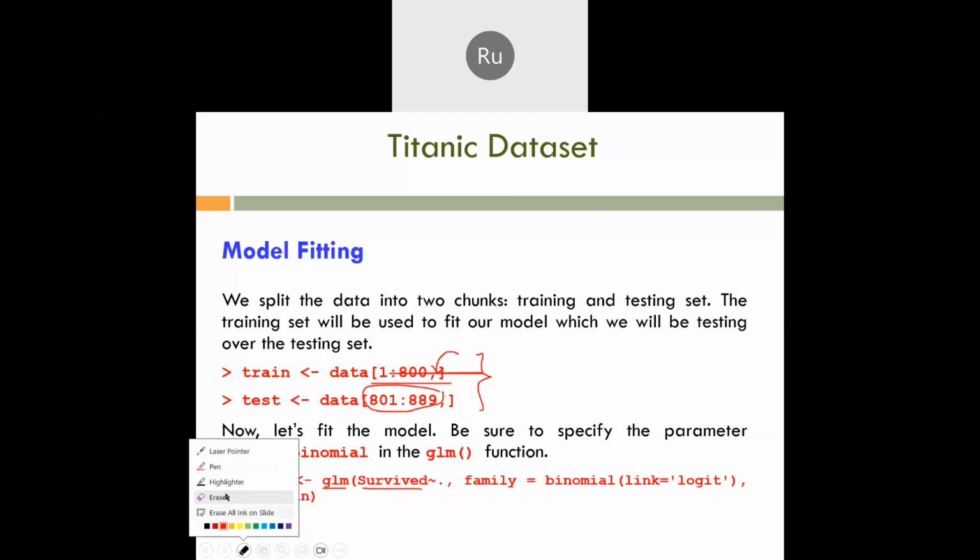So the dot here refers to all the columns that we have in the dataset. So we are using binomial because with binomial the range of output will be from 0 to 1. So that's why we use the binomial function.